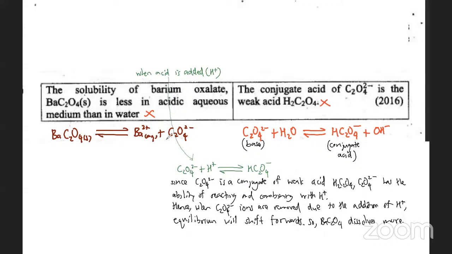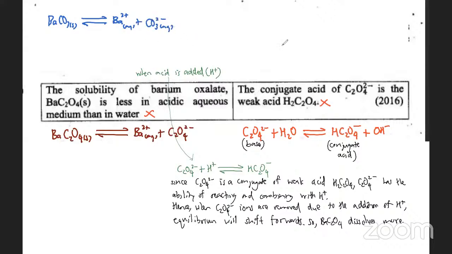This is exactly what happens in barium compounds like barium carbonate, barium sulfite. If you take barium carbonate, it can create an equilibrium. This is a sparingly soluble compound. It doesn't dissolve in water. Carbonate is there.